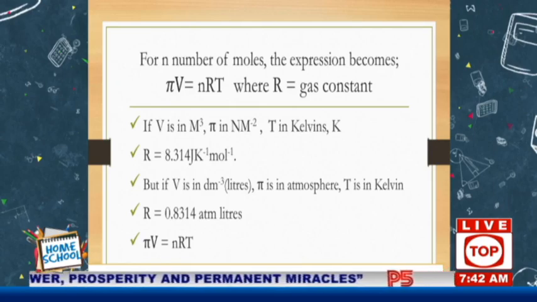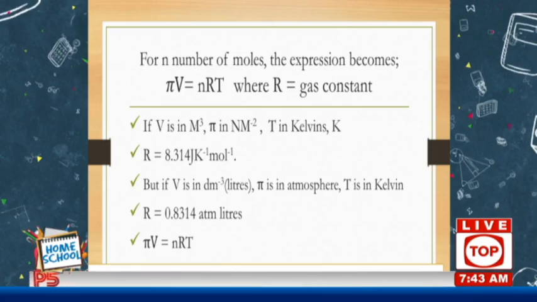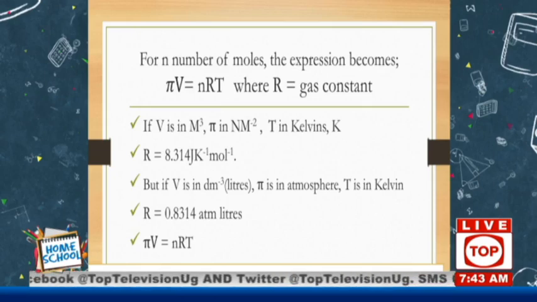So that's what you're going to be having if things change. Before you start calculating, before you start putting in values, you have to first look at the units of the volume. They are going to determine which R you are going to use, and they are also going to determine the units of the osmotic pressure at the end. Remember, there is a half mark for units.